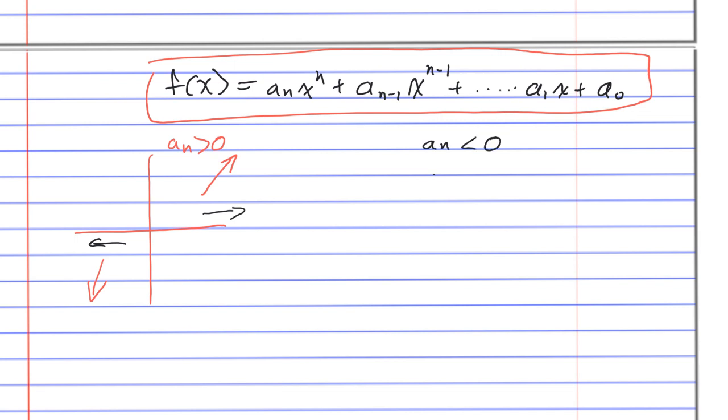Now imagine if our a_n, the value that's sitting in front, is less than 0. Then our graph changes again. Instead of blowing up, in this case, as x moves to the right, our graph will tend to go down this way towards negative infinity.